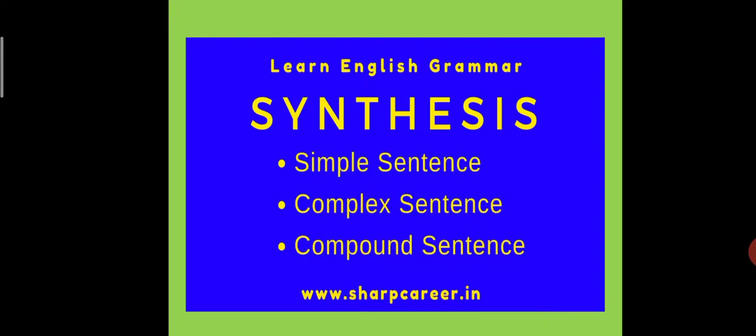Here, before starting this chapter, you can see some of the points on your screen: simple sentence, complex, and compound. You are familiar with these three sentences, as I have already taught you in chapter 1: sentences, simple sentences, complex and compound sentences.